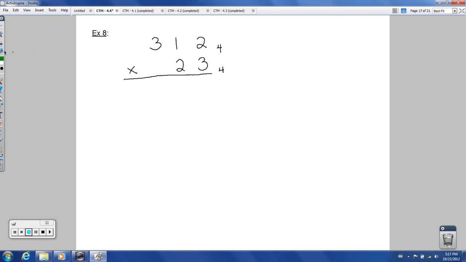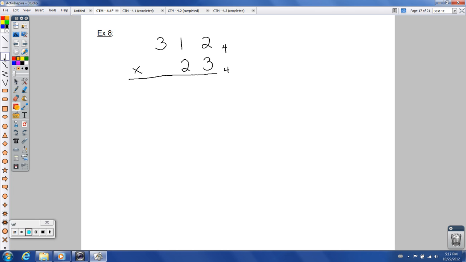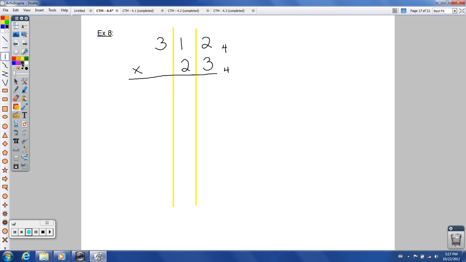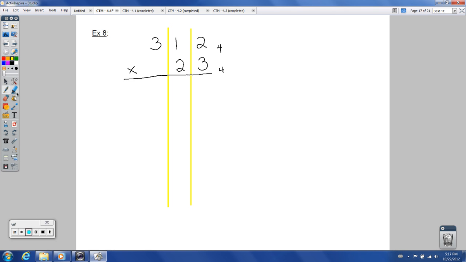Before I just had 1, so I really only needed to do 1 line. If we're thinking in base 10, let's think about it in base 10 first. So let's add some yellow lines in here. This one I'm going to make a bit longer because I'm going to need to add some extra rows in here. I think that should be good. Okay, and now let's think again down here in base 10.